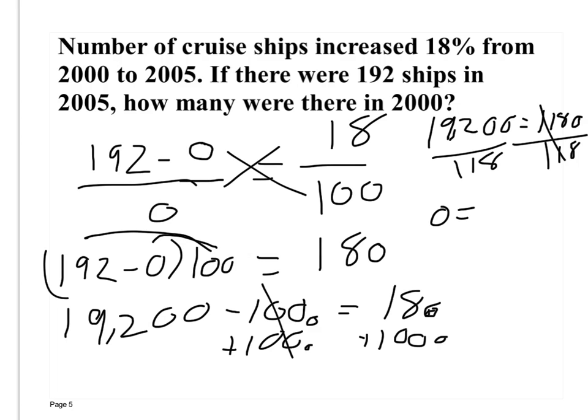My O, my original amount, is 163. So there were 163 cruise ships.